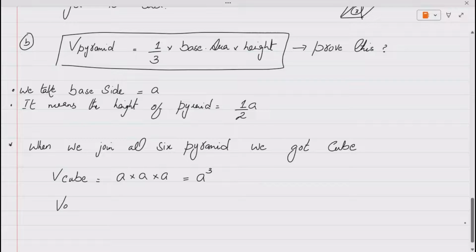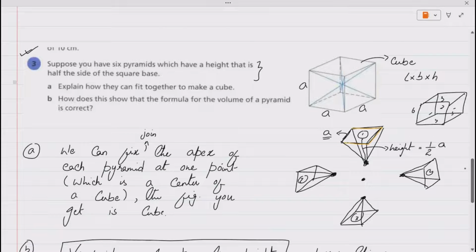Volume of a pyramid we get from this. Now volume of a pyramid is 1 upon 6 A cube, because this cube has 6 pyramids in it.